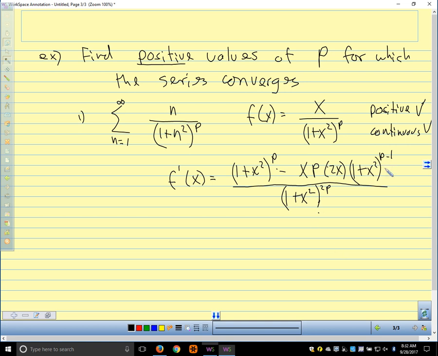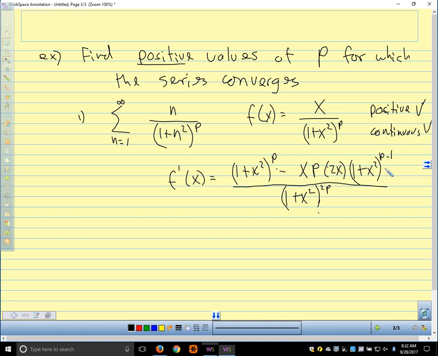What are we going to do here? Can we get rid of a factor of (1 plus x squared) to the p? Because we have a 2p here, we have a p here, and we have a p times this 1 plus x squared to the minus 1.